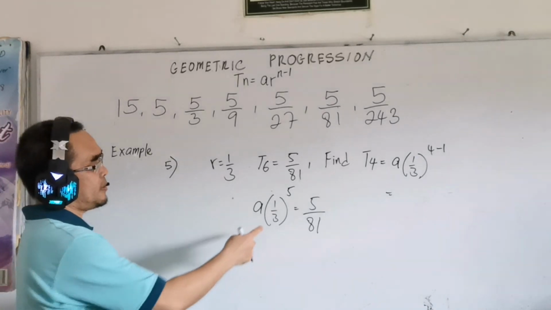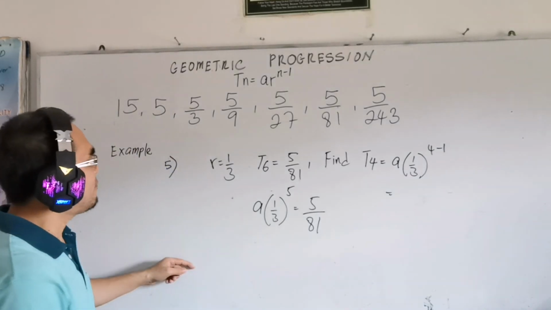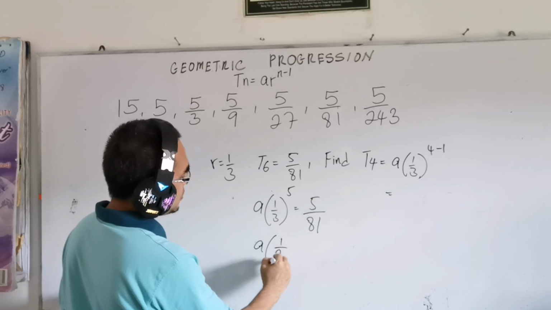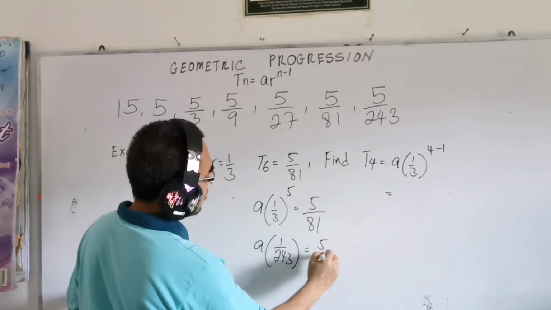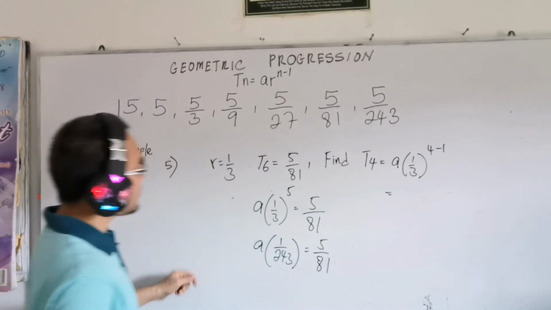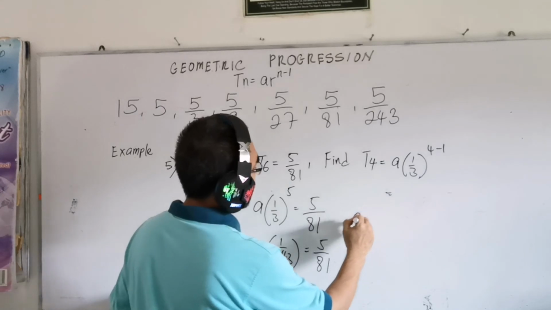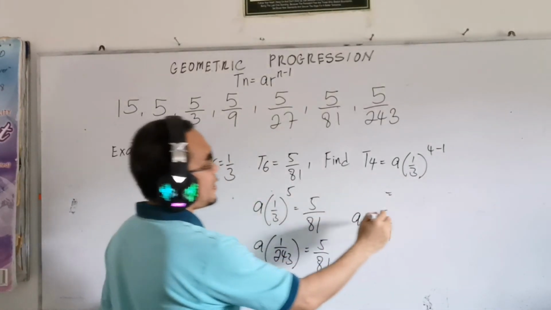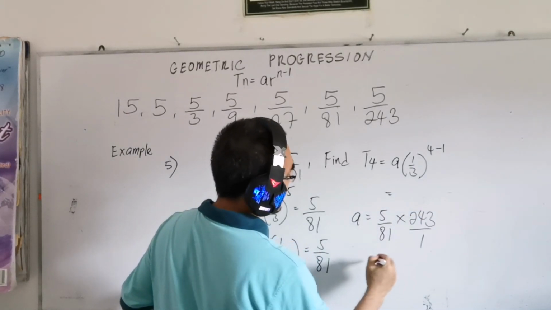So in this case, you can calculate what is the value for 1 over 3 to the power of 5. So it would be 1 over 243 equals to 5 over 81. Then you move this, so what you have, A is 5 over 81. Move to the side, you become times 243 over 1.